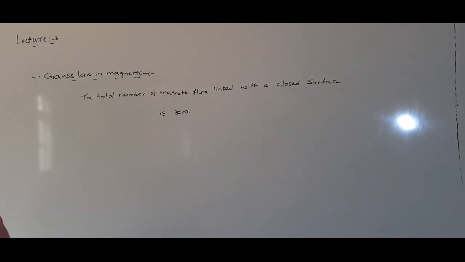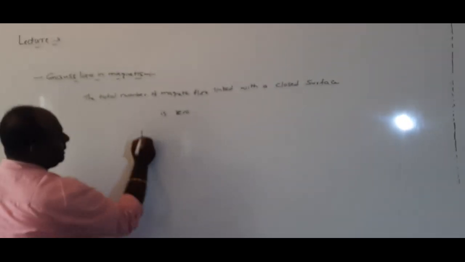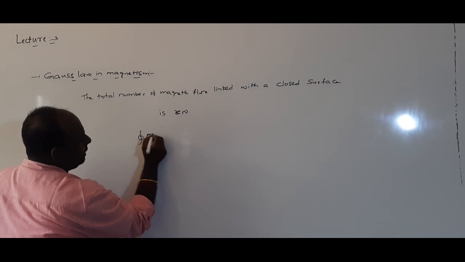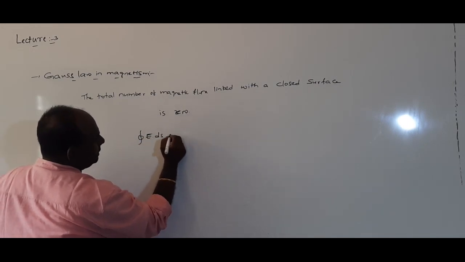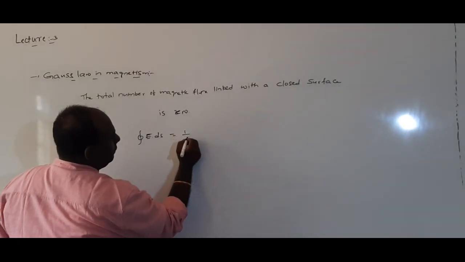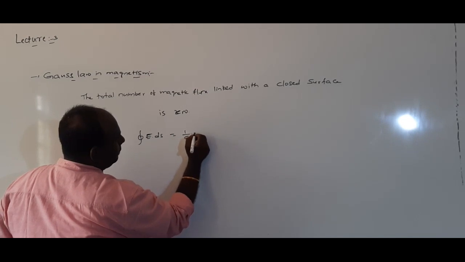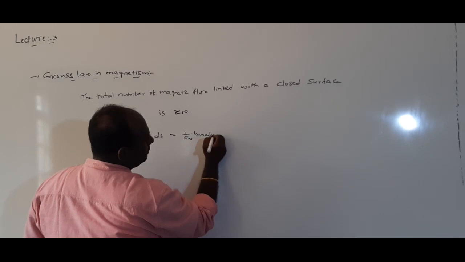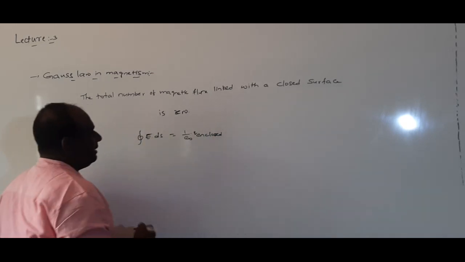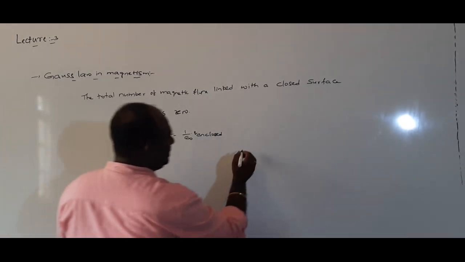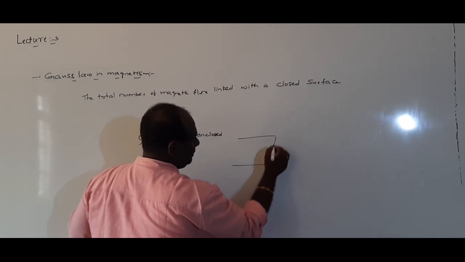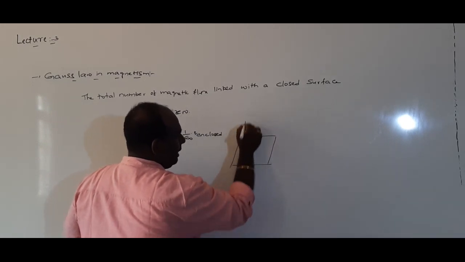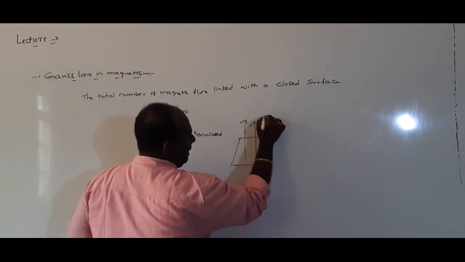In the same manner as Gauss law in electrostatics, closed integral E bar dot dS bar, how much will you get? We will get 1 upon epsilon naught times Q enclosed. If you apply the same formula, assume this is a closed surface, and the magnetic field lines are like this.